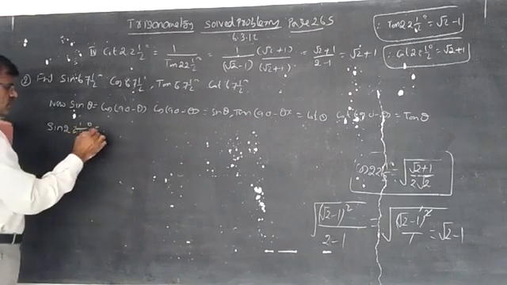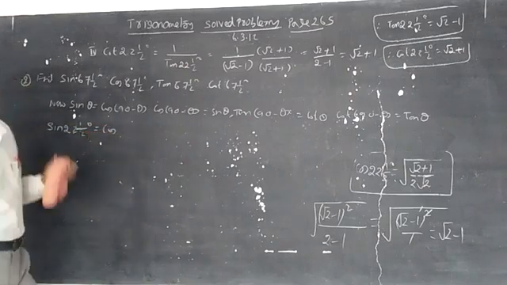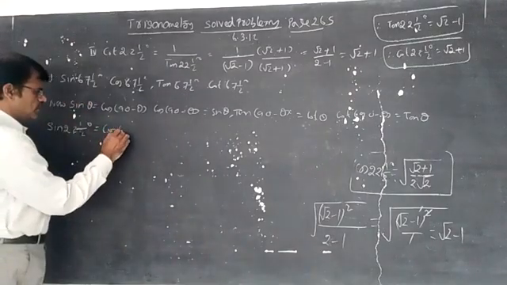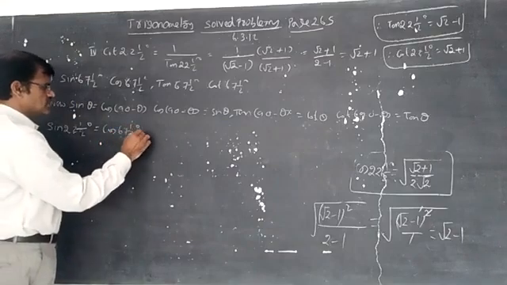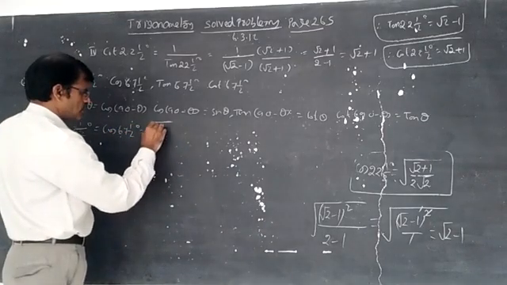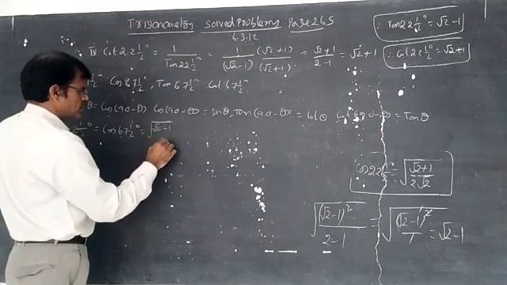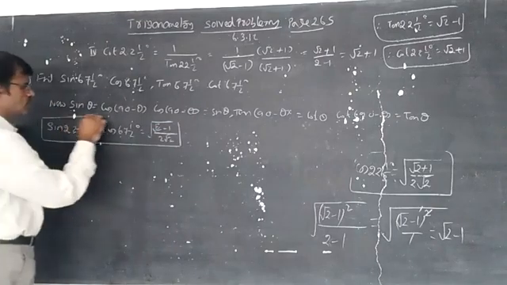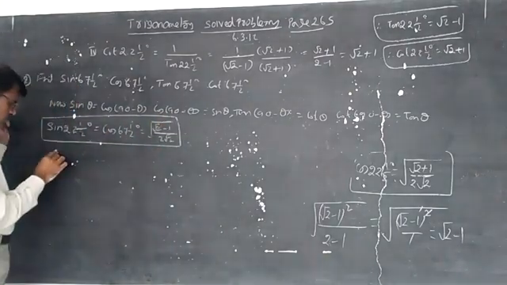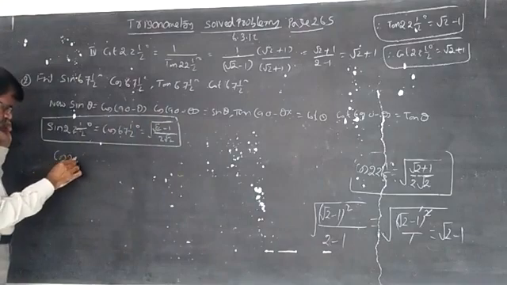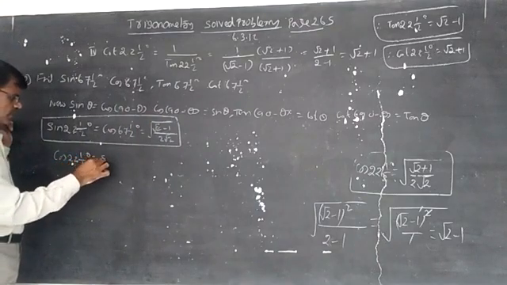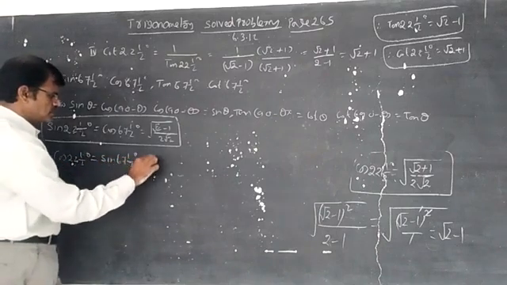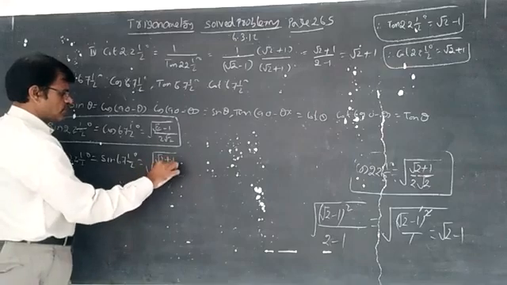Sin 22 and half degree is equal to, you can understand, sin of 90 minus 67 and half, sin of 90 minus theta is cos theta. So sin 22 and half degree is equal to cos 67 and half. That is root of root 2 minus 1 by 2. Next one, cos 22 and half degrees is equal to sin 67 and half, that is equal to root of root 2 plus 1 by 2.